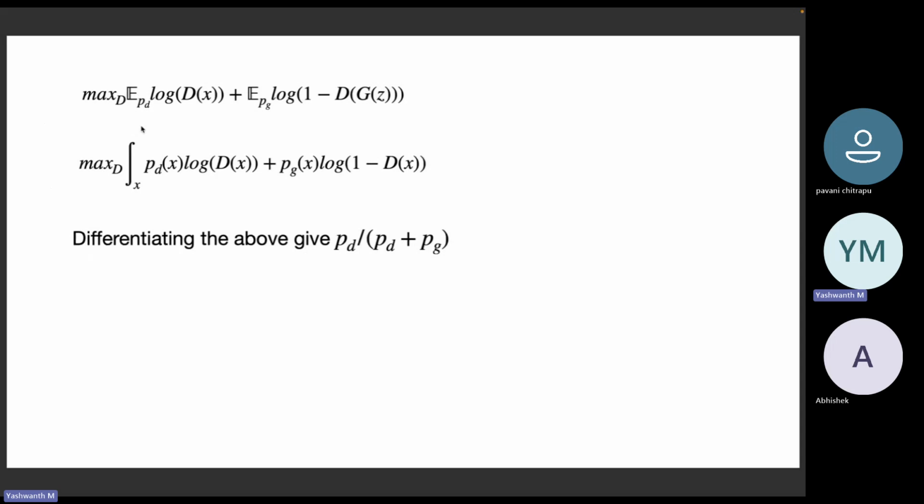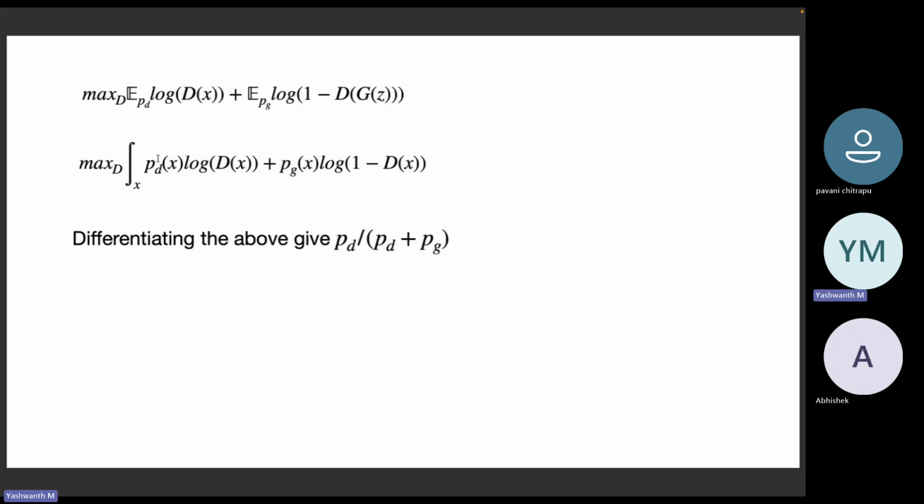As an expectation I've written it as an integral, where PD is the true data distribution and this is the log of the discriminator of x, plus the expectation with respect to the generated distribution, which is also given to us as known. Since g of z outputs the data itself, that's why it is x here, and we want to maximize this quantity.